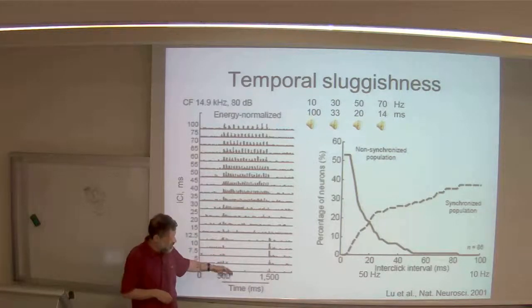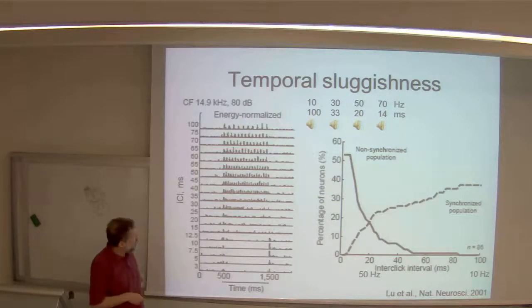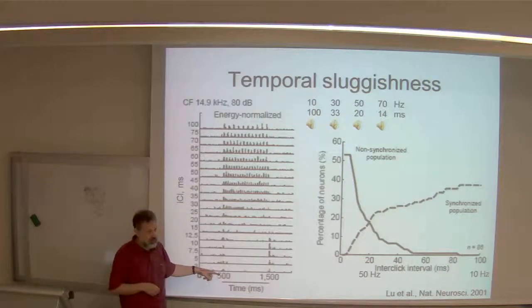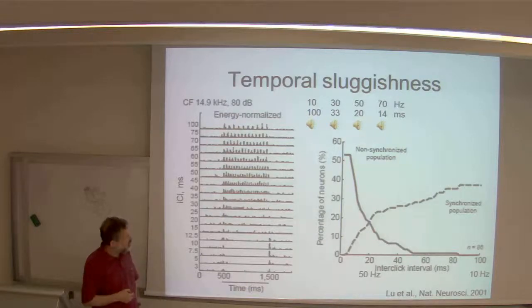These guys have a second type of neuron, what they call the non-synchronized population, which actually increase the firing rate with increase in the click rate, but they don't lock to the individual clicks. So they don't follow the clicks, they just fire more and more. These non-synchronized neurons look like the response to a low-pass version of the click train.